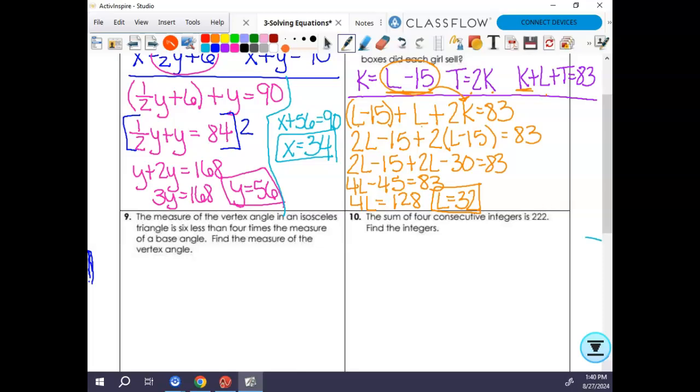And they asked us for each girl. So now I have to figure out the rest. Well, I have L. If I want to figure out what K is, L, which is 32, minus 15. What is 32 minus 15? 17.